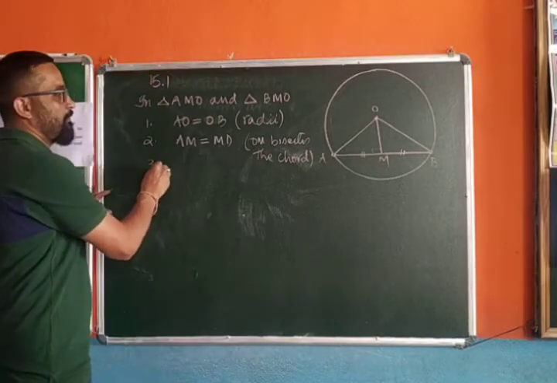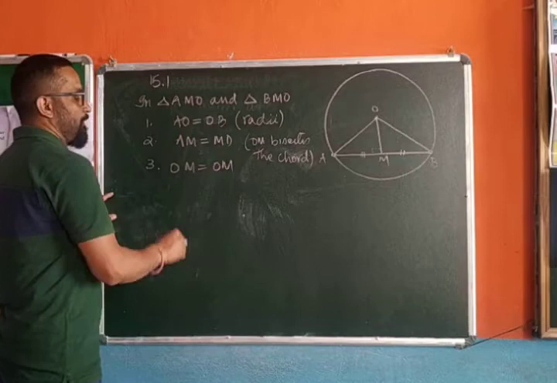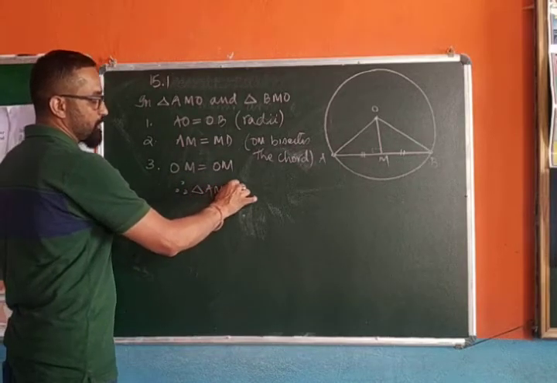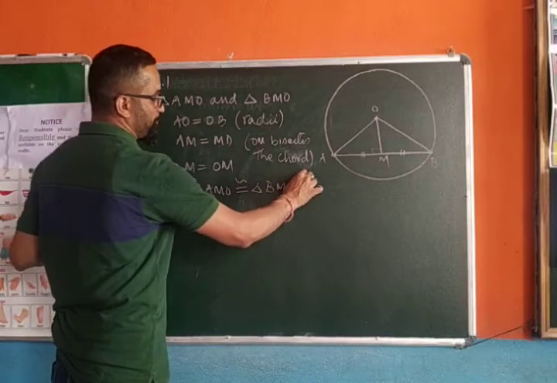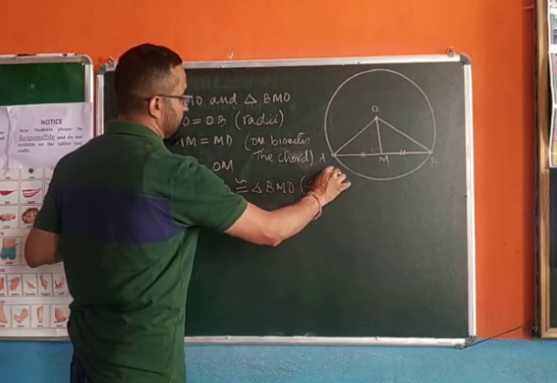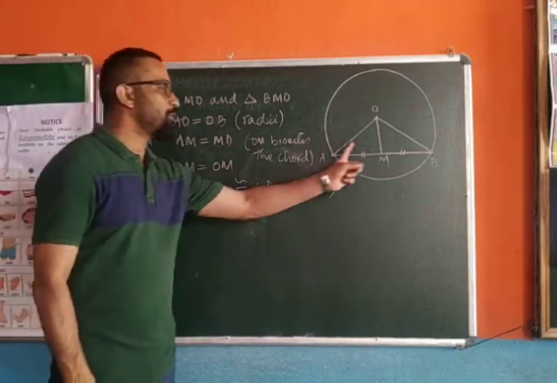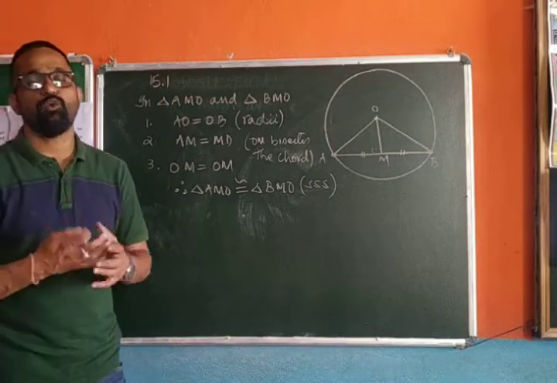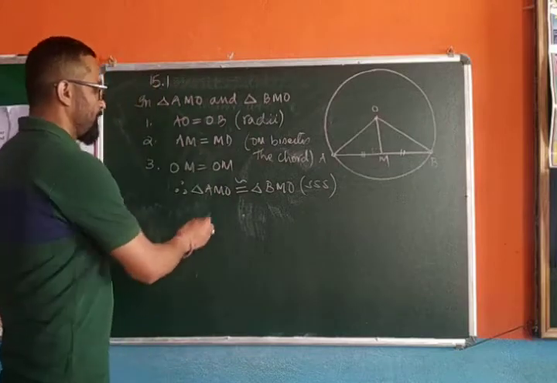Third one, OM is equal to OM. Therefore, triangle AMO is congruent to triangle BMO. Side, side, side. Rule of congruency. And once you prove these two triangles are congruent, corresponding sides and corresponding angles are equal.